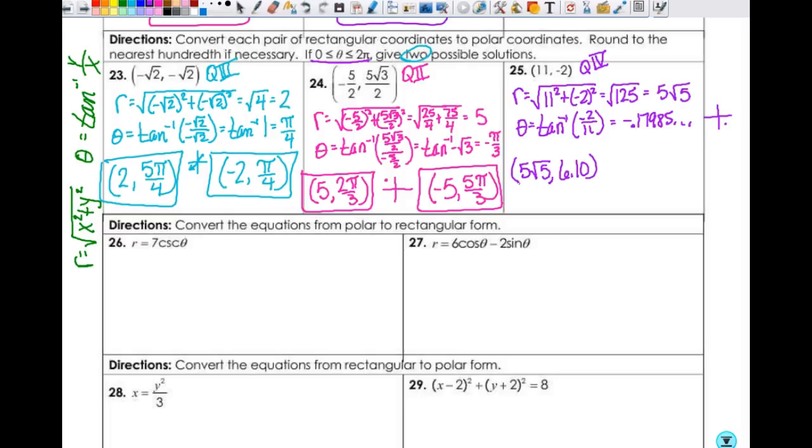Then, since I'm here, I would need to end up in the second quadrant in order to use a negative radius. So for negative 5 square root of 5, I would take this number again, and instead of adding 2 pi or 360, I would just add pi, and that will give me 2.96. There are my 2 points.